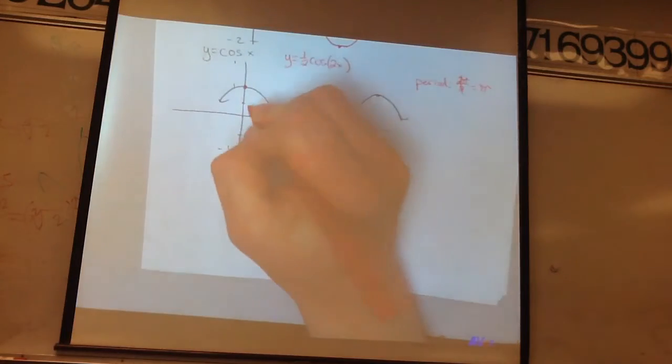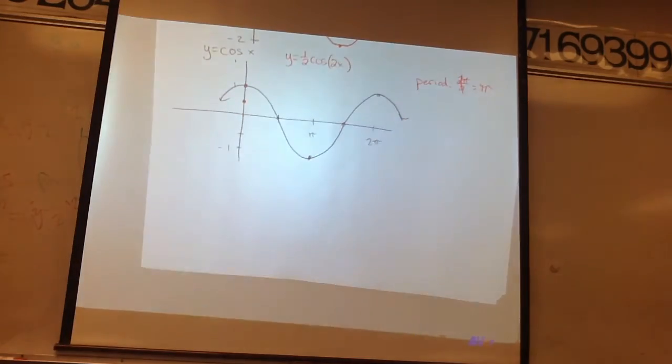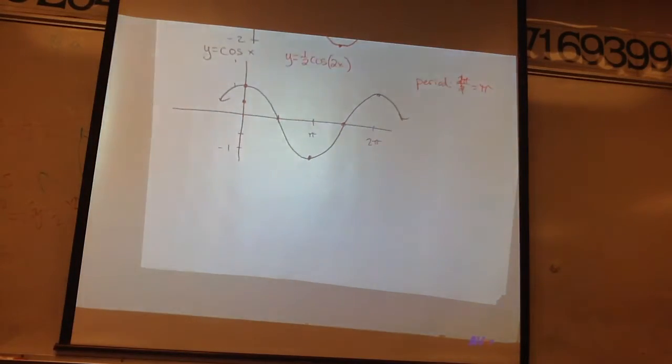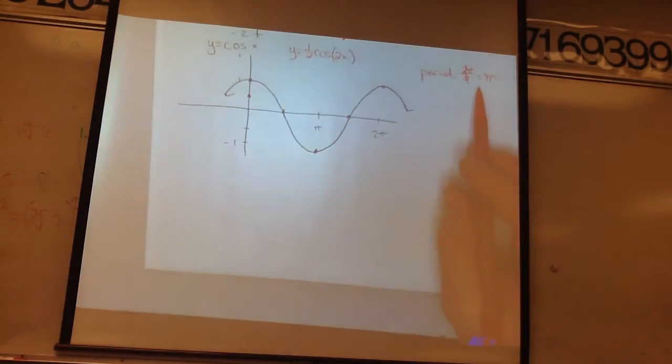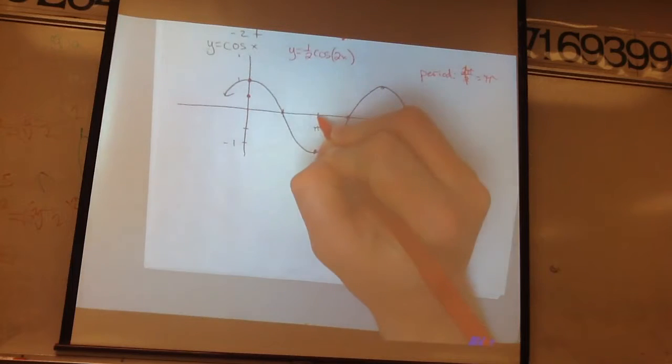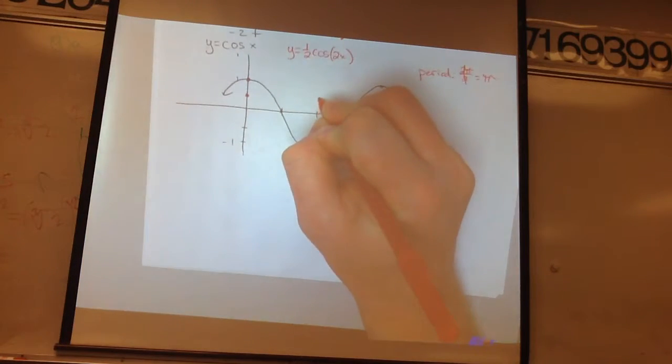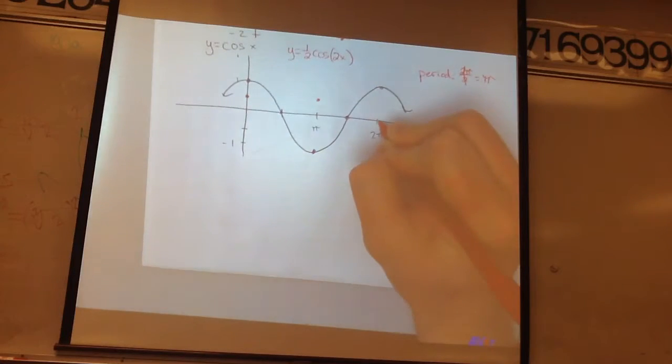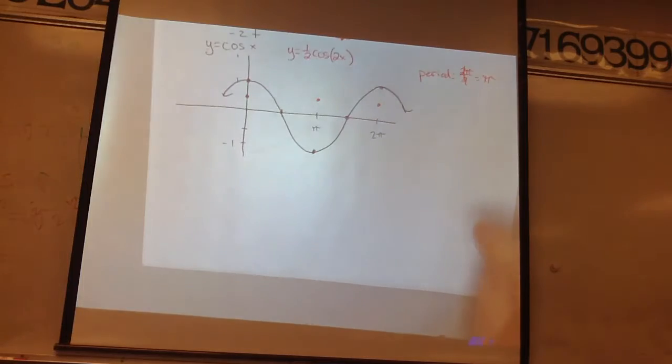Times a half would be a half. But watch, it repeats every pi, right? So when I get to pi, what's the value of y going to be? A half. And when I get to 2 pi? A half. Good.